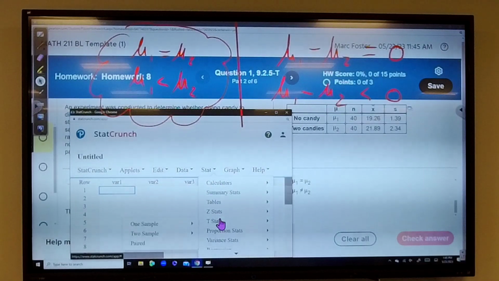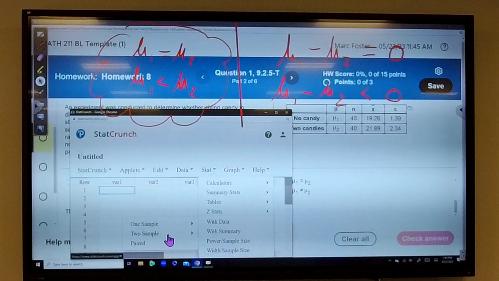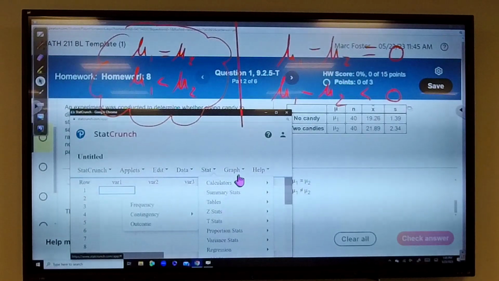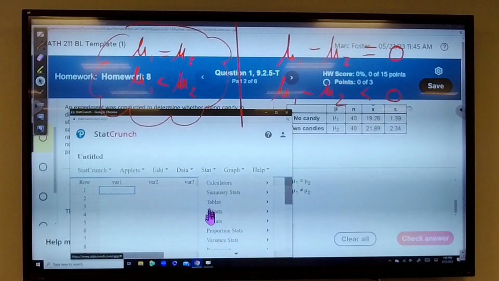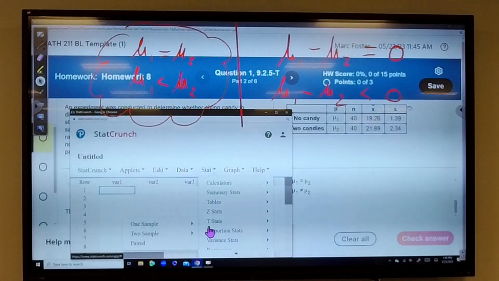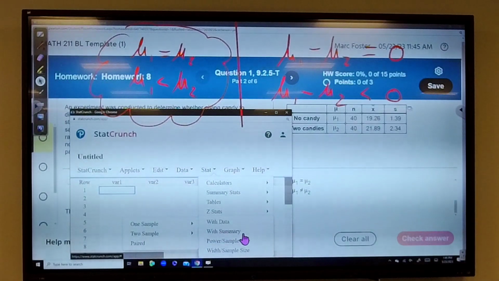Stat, T-stats, 2 sample, with summary. That's Stat, T-stats, 2 sample with summary.